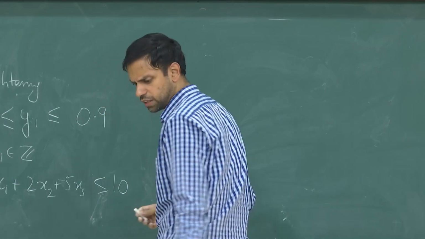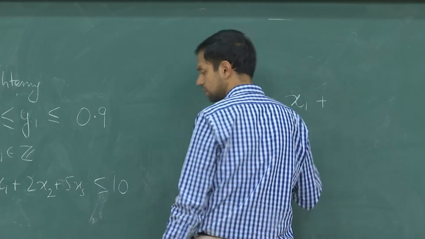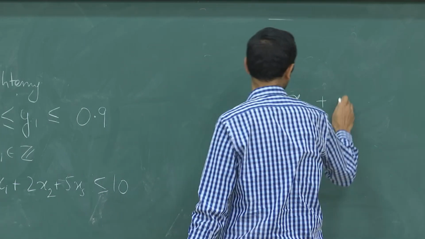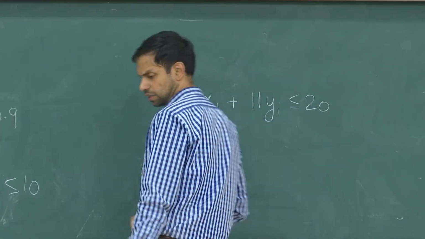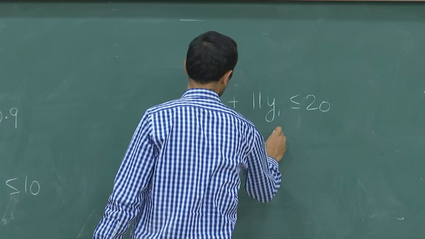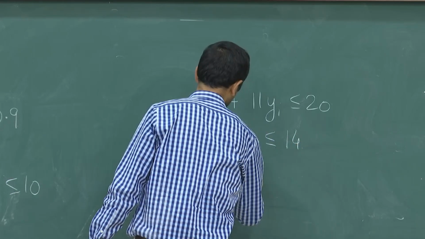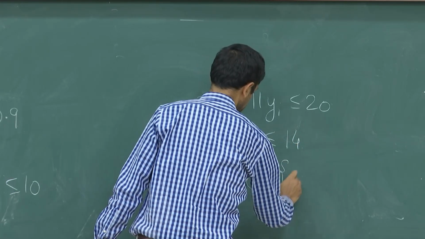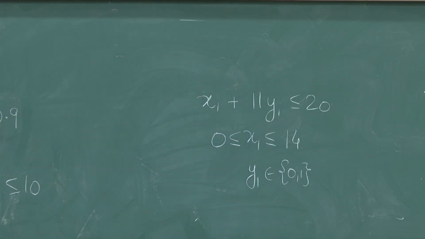So assume we have this set of constraints: x1 plus 11y1 less than or equal to 20, and x1 is between 0 and 14, and y1 is binary.